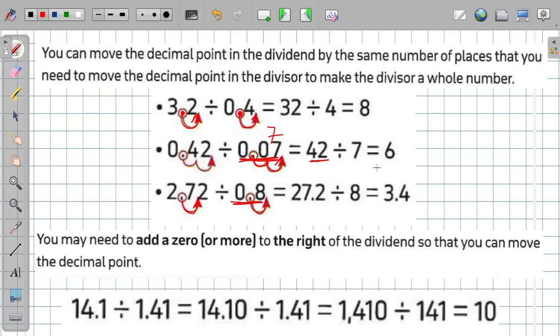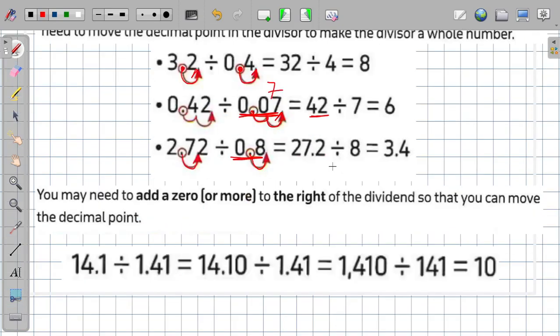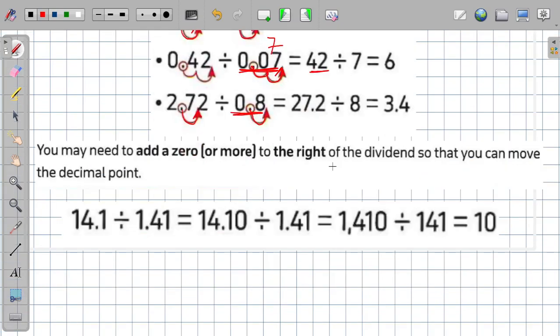Maybe to make the decimal point disappear in the divisor, you can add some zeros to the right of the dividend so that you can move the decimal point. So in this example, I have 14.1 divided by 1.41. So I have the decimal point here in the divisor, and I have two digits next to it.